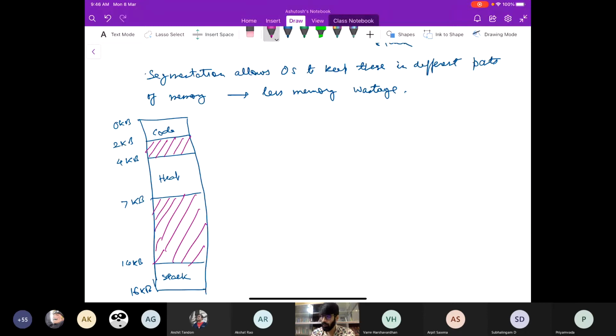So this is what the thing is, and how we would want to put it, let's say, is suppose the OS wants to put it now in its memory. So suppose the OS takes the first 16 KB of the memory. So let's say the memory is 64 KB.